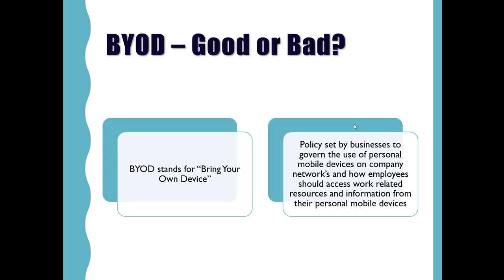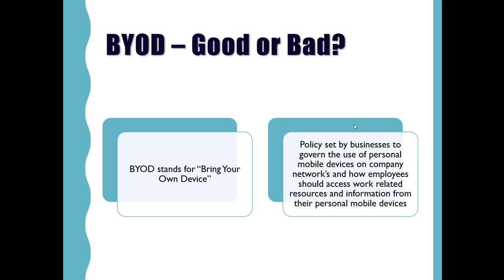Also, how employees should access their work-related resources. So for instance, when I add my work email to my phone, there's a policy that makes me put a lock code on my phone. Previous to that, I did not have a lock code on my iPhone, but because I wanted to add my work email, I'm an employee, it actually has a policy set that says to do that and update new email, you have to have a lock code.